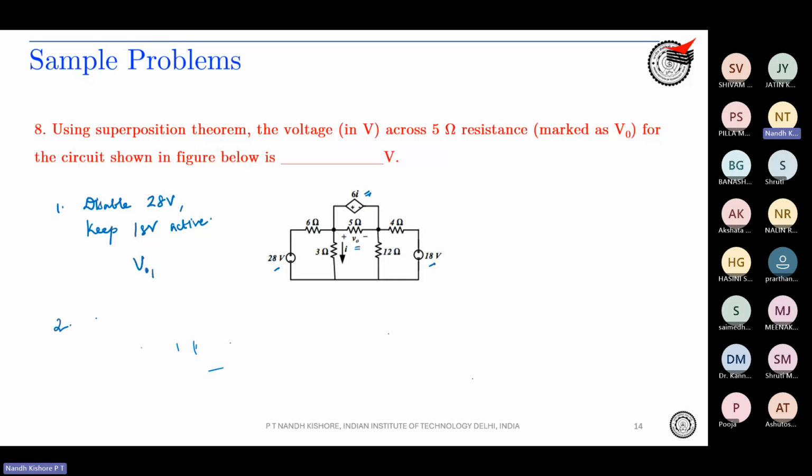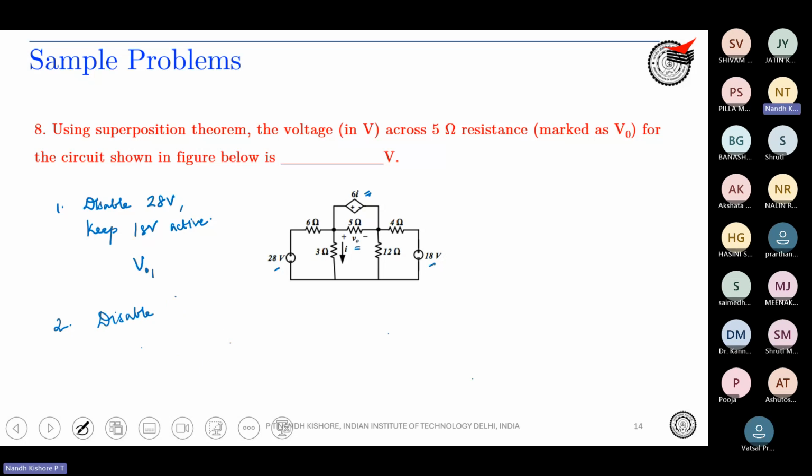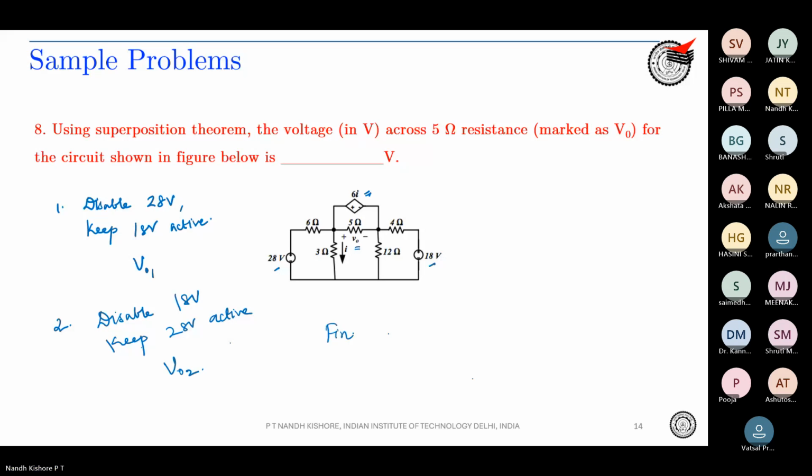In the second iteration, we will disable the 18 volt source and keep 28 volt active. The value for V naught that we will be getting is V naught 2. So the final answer is going to be V naught equal to V naught 1 plus V naught 2, by superposition.